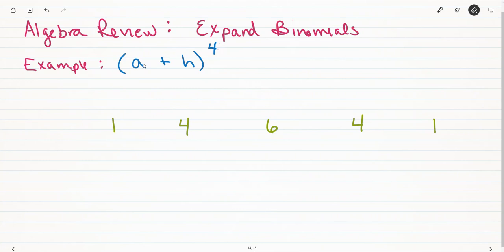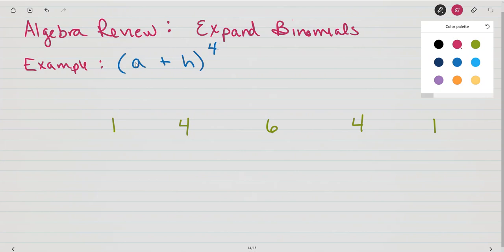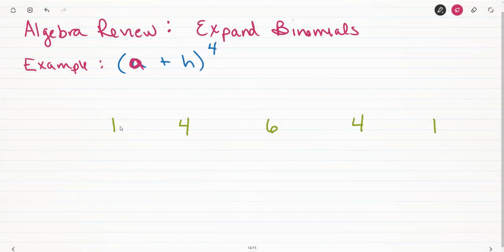The next step is to take the a times each coefficient. I'm going to start with a3, a2. Oh, I'm sorry. It's not a3, is it? It should be an a4 for this one.